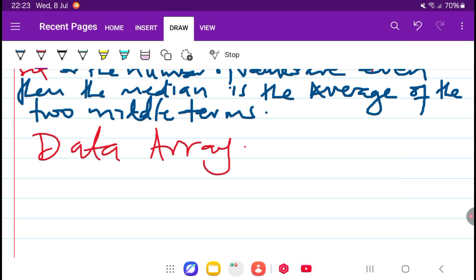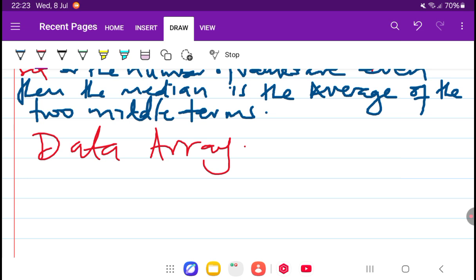Now, of course, before you find the halfway point, the data set must be arranged in a given order. And when we arrange the data set, it is called a data array.